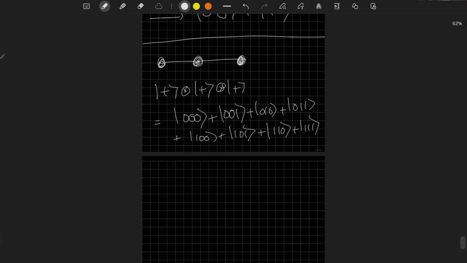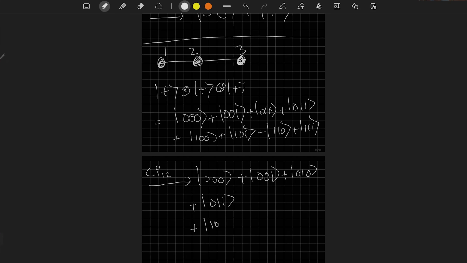So my initial first step of preparation is to create each one of them in a superposition. And now let's say I control phase between qubit 1 and 2, and 2 and 3. Let's do it first between 1 and 2: 0,0,0 plus 0,0,1 plus 0,1,0 plus 0,1,1 plus 1,0,0 plus 1,0,1 minus 1,1,0 minus 1,1,1.